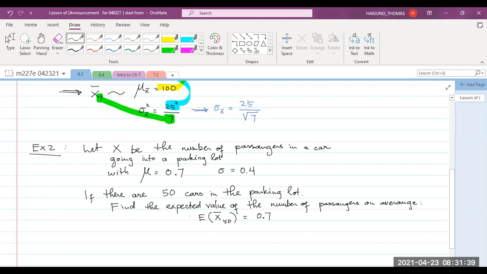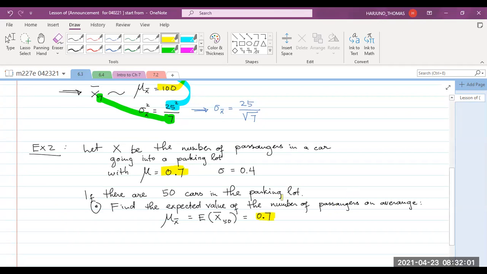Notice that the expected value of the sample mean is basically the mean of the sampling distribution, and that is the same as the mean of the number of passengers in a car.